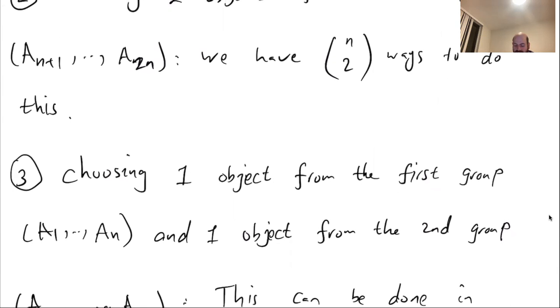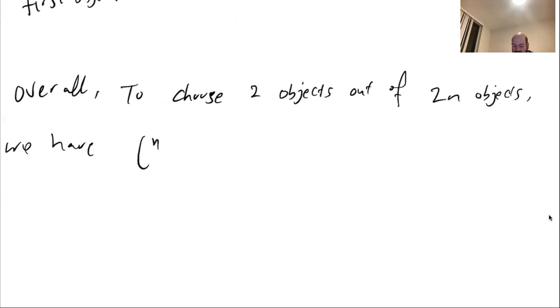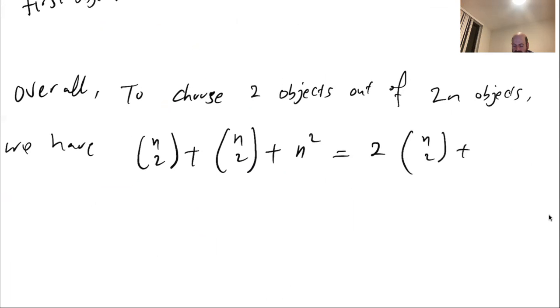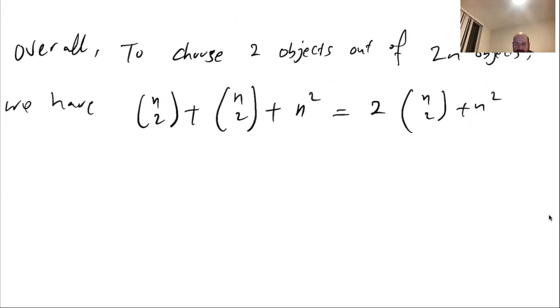So I just need to add the number of ways in each of those options, and therefore I will get n choose 2 ways for option number 1, n choose 2 ways for option number 2, n squared ways for option number 3, and that's 2 times n choose 2 plus n squared, which is my right-hand side.